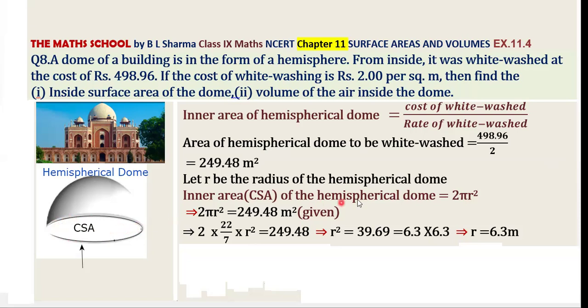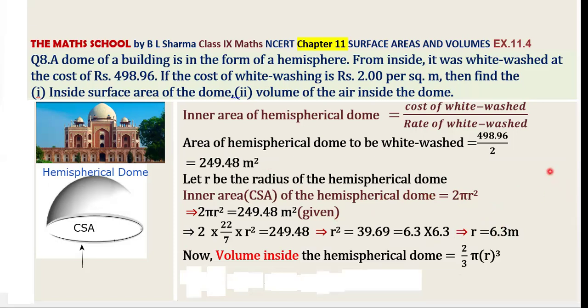Now it is easy for us to calculate the curved surface area, that is 2 pi r square. So the volume is, we already have calculated the first part, that is inside surface area, 249.48. वॉल्यूम के लिए हमें रेडियस की जरूरत पड़ेगी और रेडियस वी ऑलरेडी हैव कैलकुलेटेड. Volume of hemisphere is given by 2 upon 3 pi r cube.